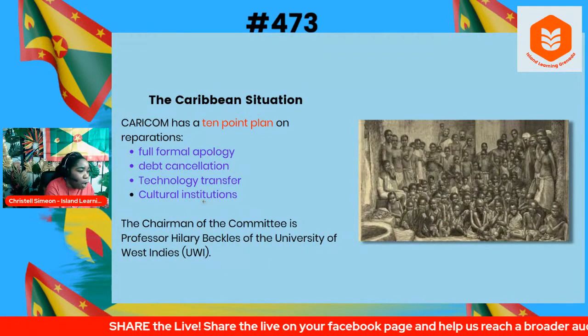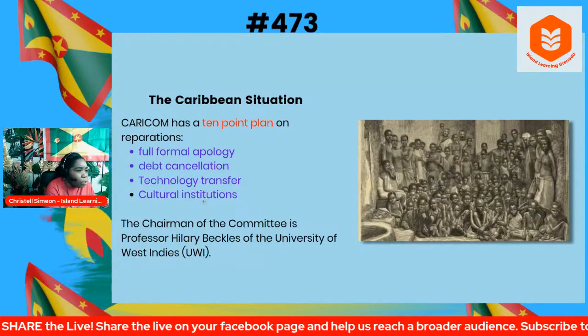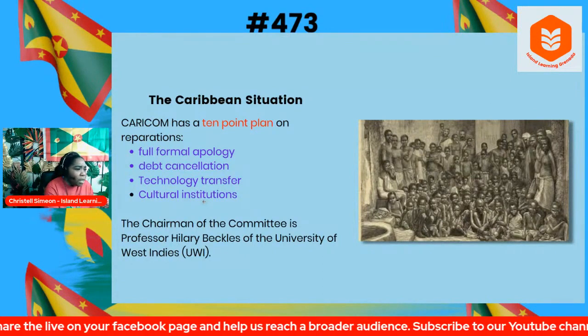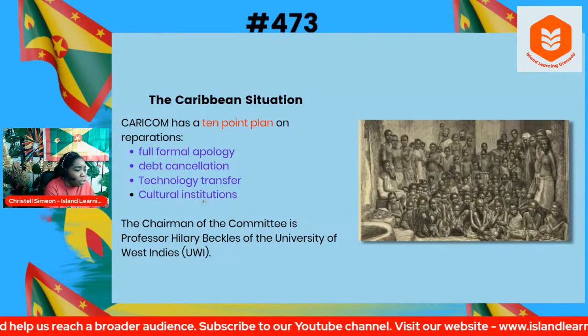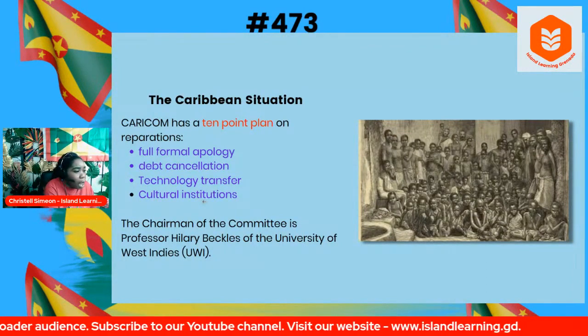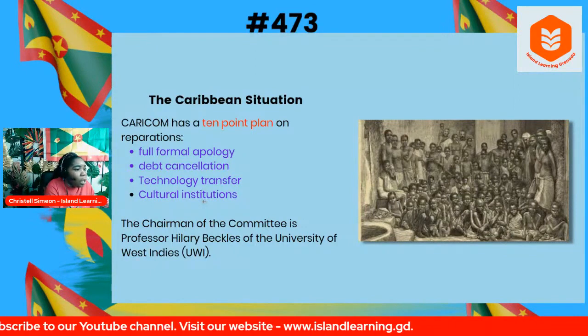As I said, apology is the most symbolic. It is meant to just say sorry and apologize for the wrongs that have been done. So that's one thing the CARICOM Reparation Commission is seeking, a full formal apology.